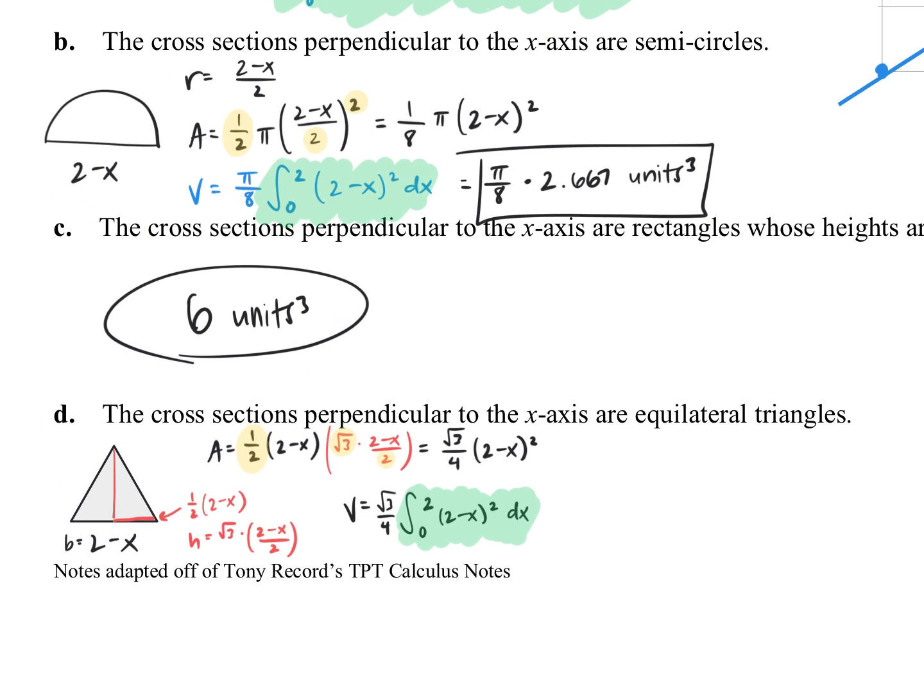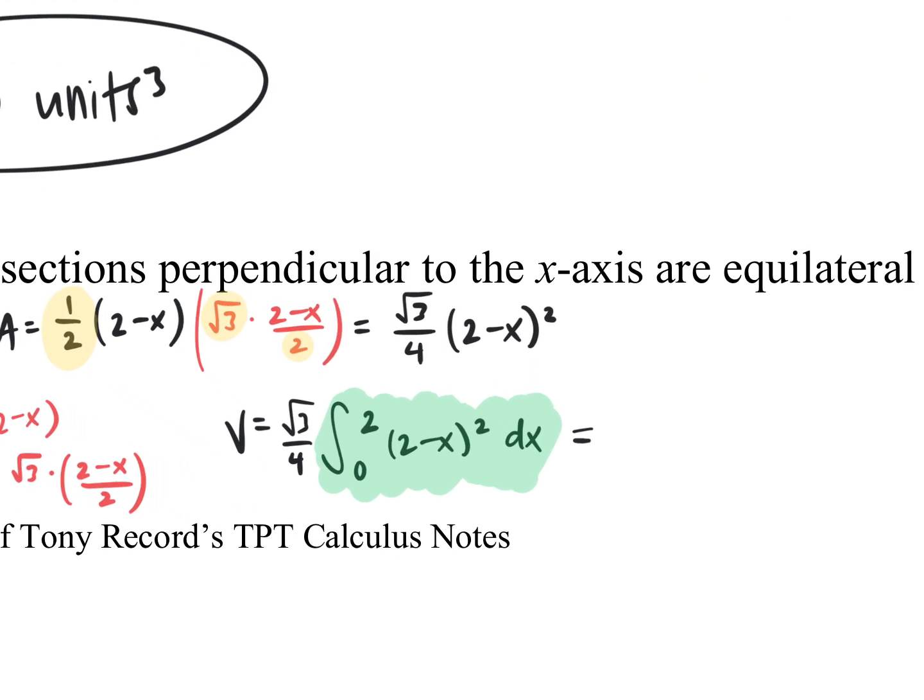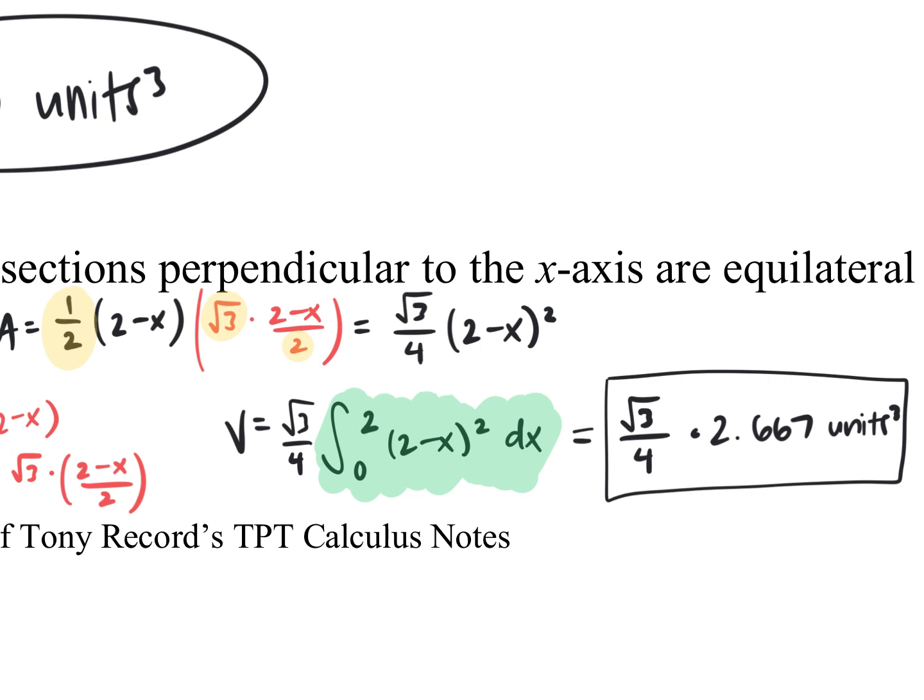That's equal to our 2.667. So if I multiply this, this becomes the square root of 3 over 4 times 2.667 units cubed. So again, still using that same answer, but timesing it by a different coefficient each time, okay?